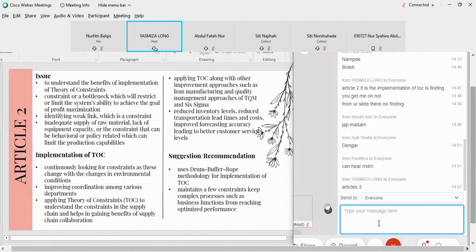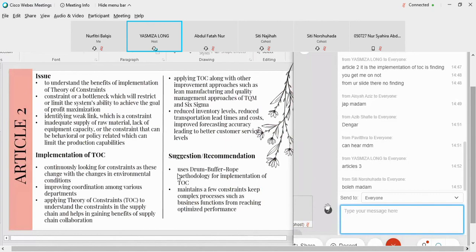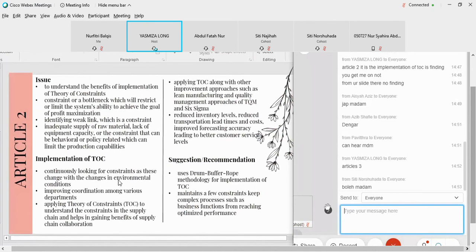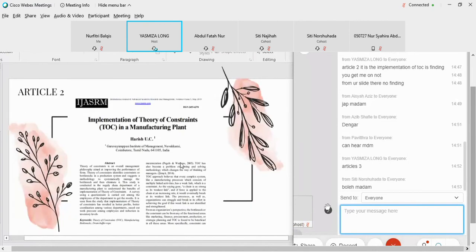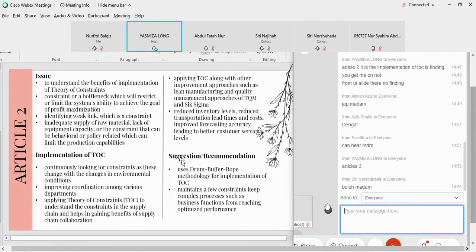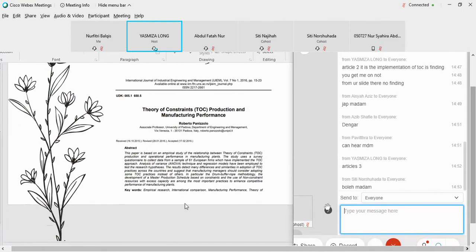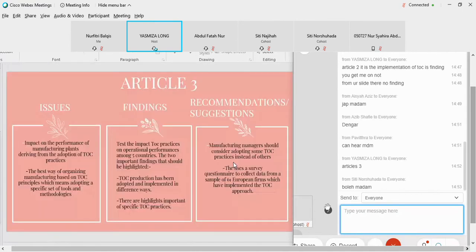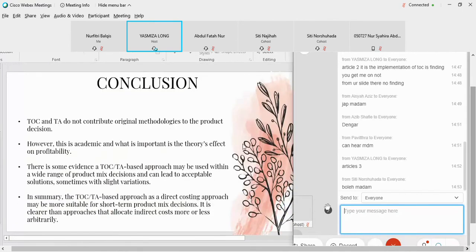Okay, so kita nak tahu sama ada dia just bagi suggestion ataupun memang dah apply, sebab artikel 3 tu memang bagi tahu siap-siap dia orang guna TOC tapi dengan pendekatan yang berbeza antara country. Alright, sebab artikel tu saya tak pasti ni. Okay, so this conclusion is from article or not ni?